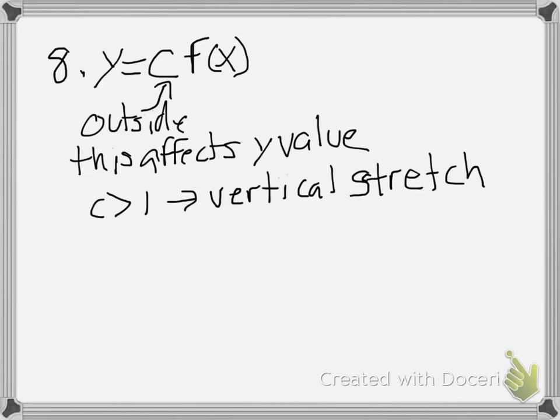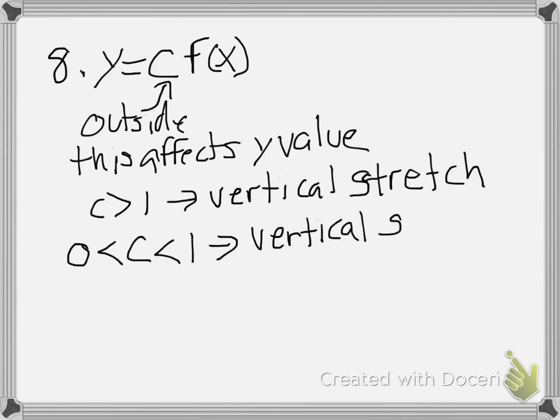Now, what if I have 0 is less than C, which is less than 1? Well, then we have a vertical shrink. Now, what if C is less than 0?